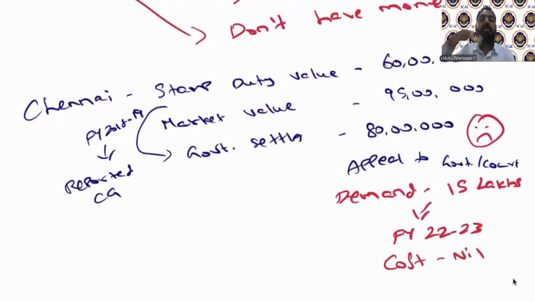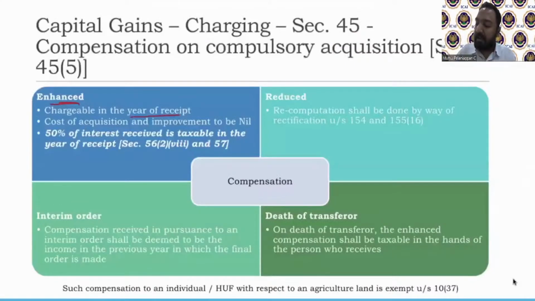Why? Because it is already included in financial year 18-19. That's why the cost for the enhanced compensation will be treated as nil. Please understand, in every provision, if you understand this why, you will be able to remember it forever. Understand the why, and you will definitely have a complete grip on the subject.